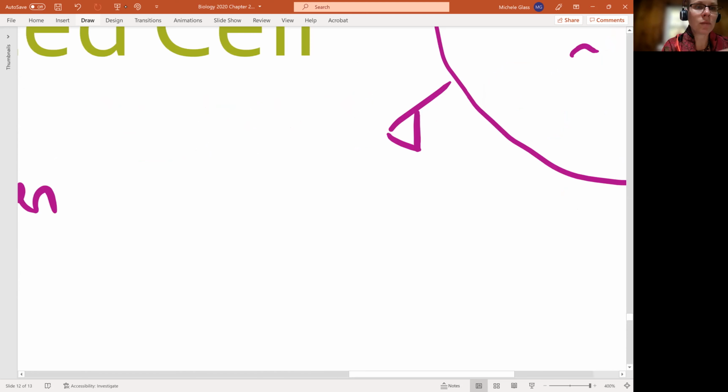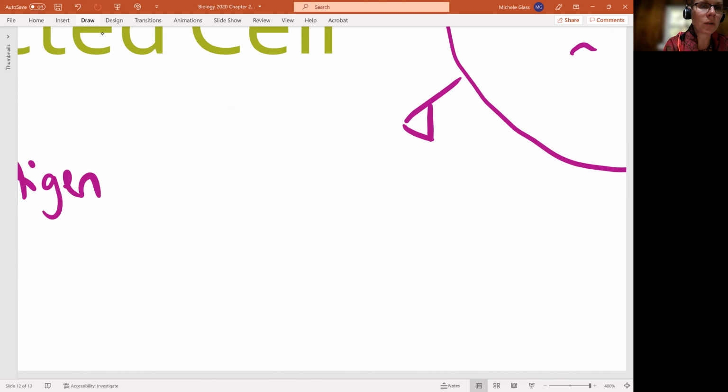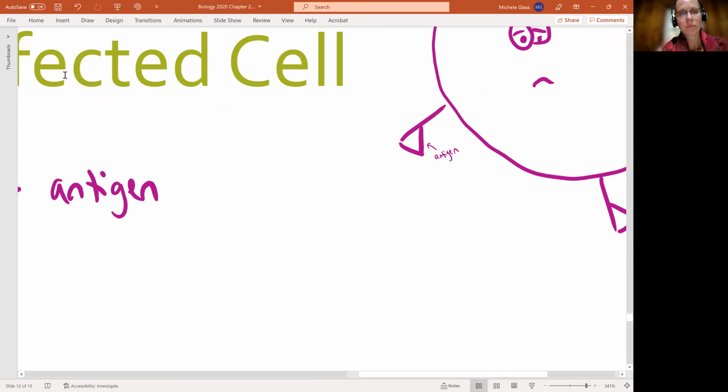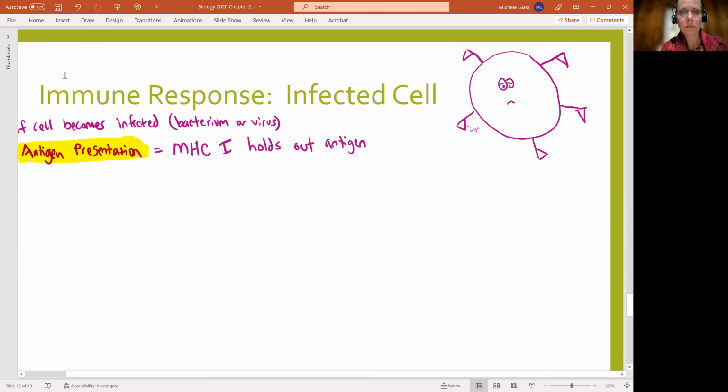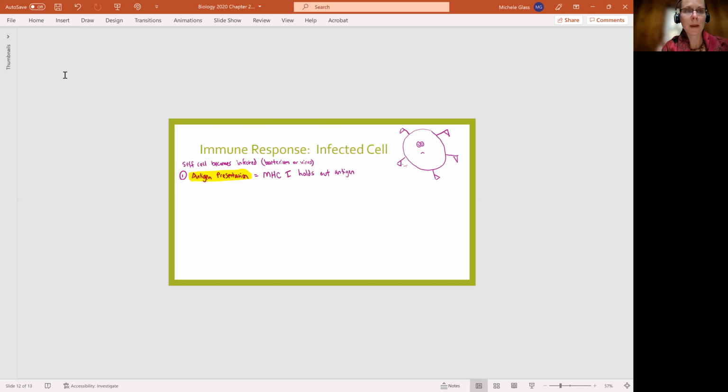So let's zoom in super close and let's label this as our antigen, our triangle shape.